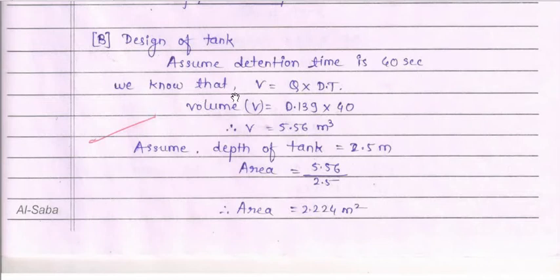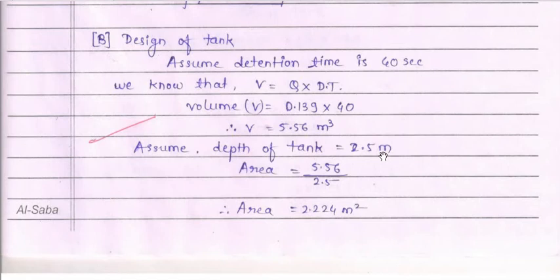The volume is equal to Q into detention time, that is the discharge into detention time. So volume is equal to 0.139 into 40 seconds, which comes to 5.56 meter cube.